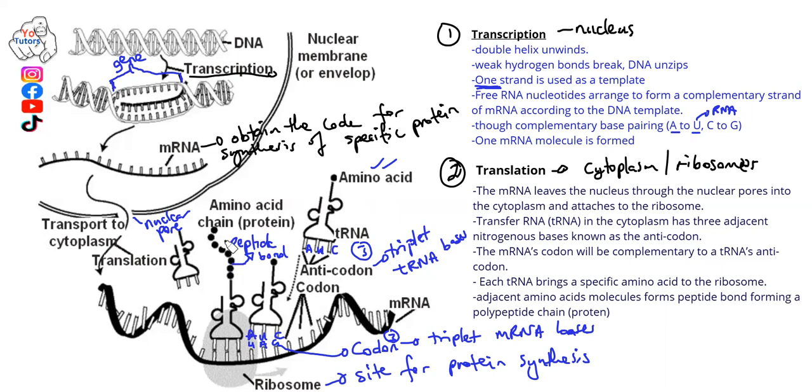So you can see that now we are forming an amino acid chain, which we call the protein, or we can say it forms a polypeptide chain. So that's what we have. This is a process.